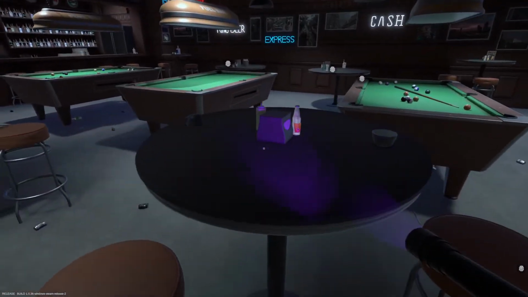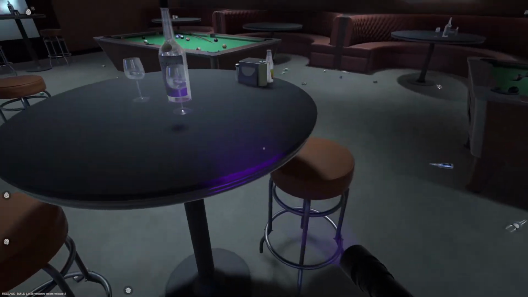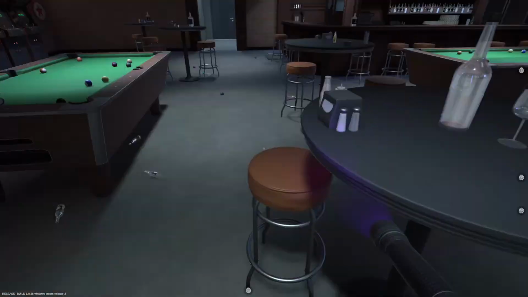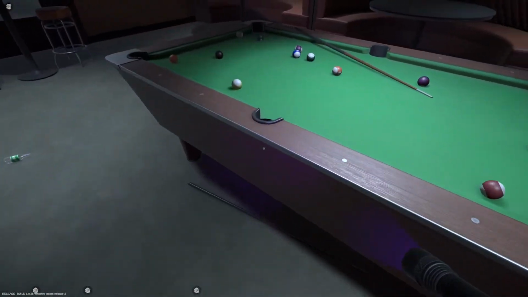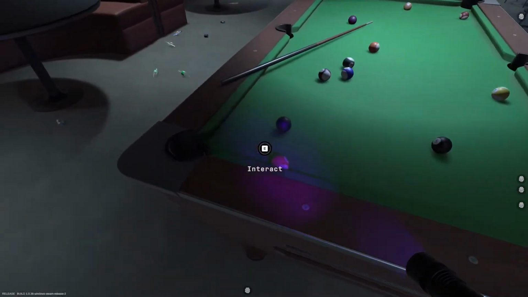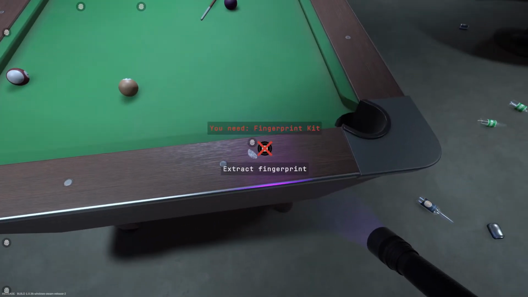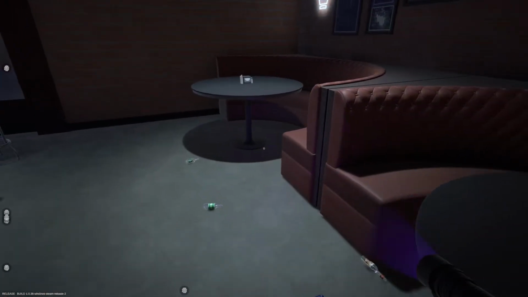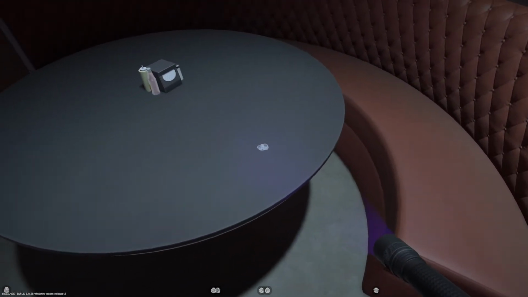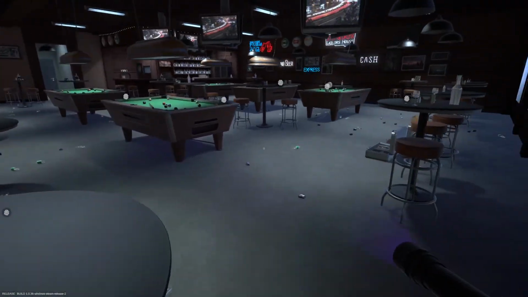Alright, tables. Check the tables. Let's check this one. Okay, fingerprints. More fingerprints. Alright, I bet it was the person sitting over here. It was sitting in the back.